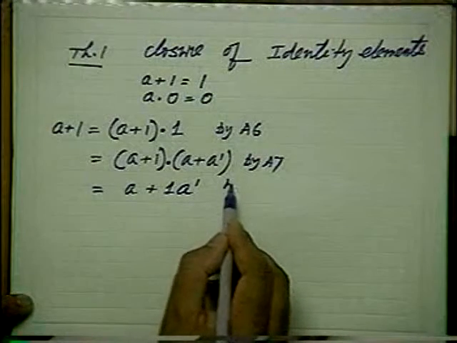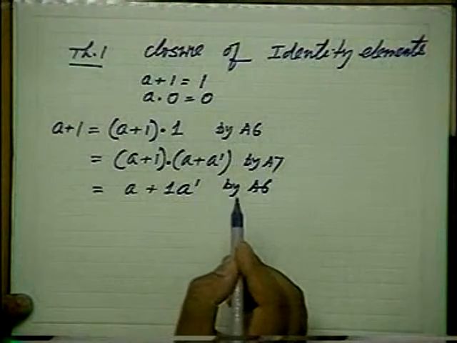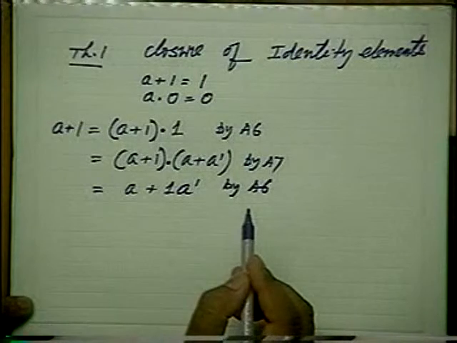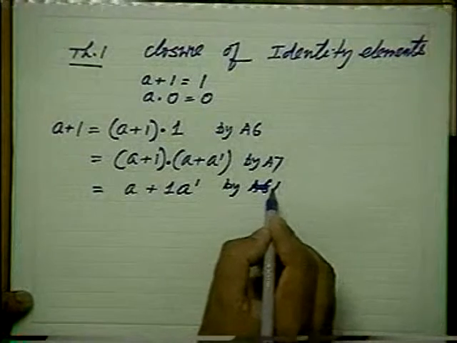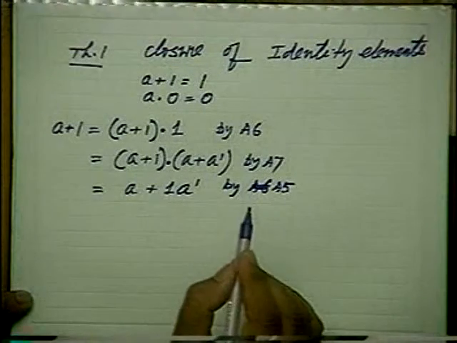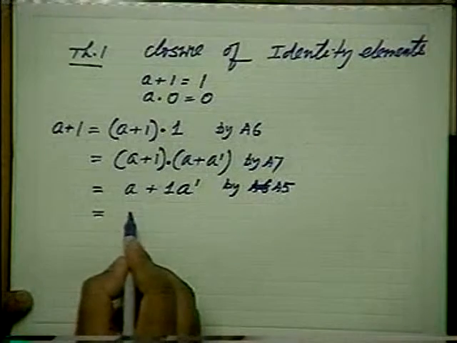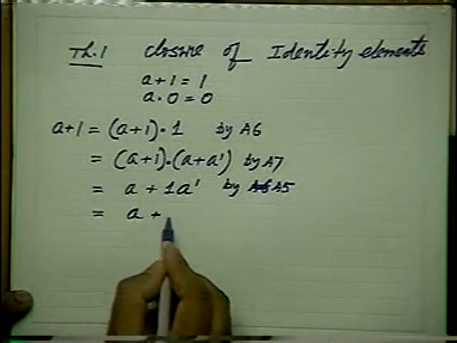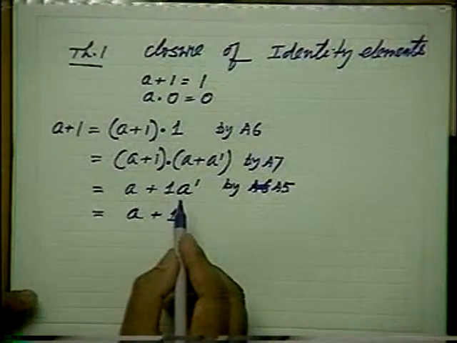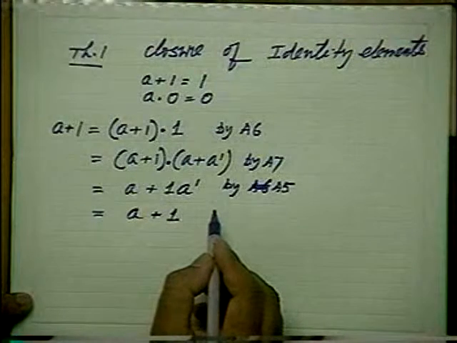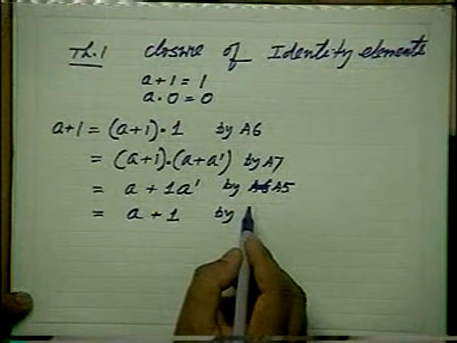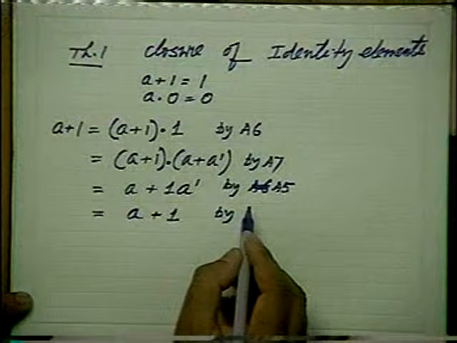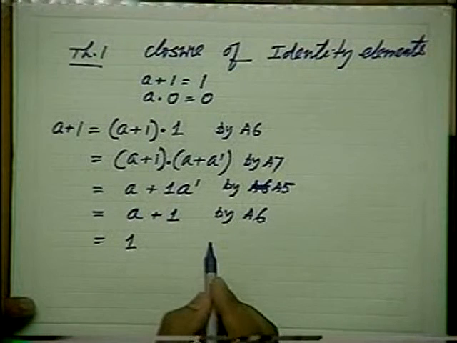Now a plus 1 a dash. This is by a6. What is a6? Oh no, this is not by a6. 1 plus a dash, this is by a5, by law of distribution. Is it okay? Now this turns out to be 1 a plus 1, because 1 a dash, this is by a6, and this is equal to a plus 1 is equal to 1.